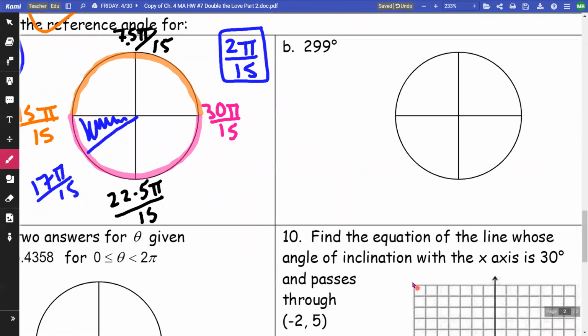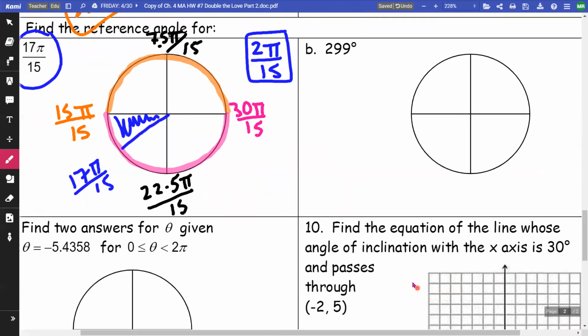Okay, on B, 299 degrees. So this is 0 degrees, 90 degrees, 180 degrees, 270 degrees, and 360 degrees. So I'm here in quadrant 4.